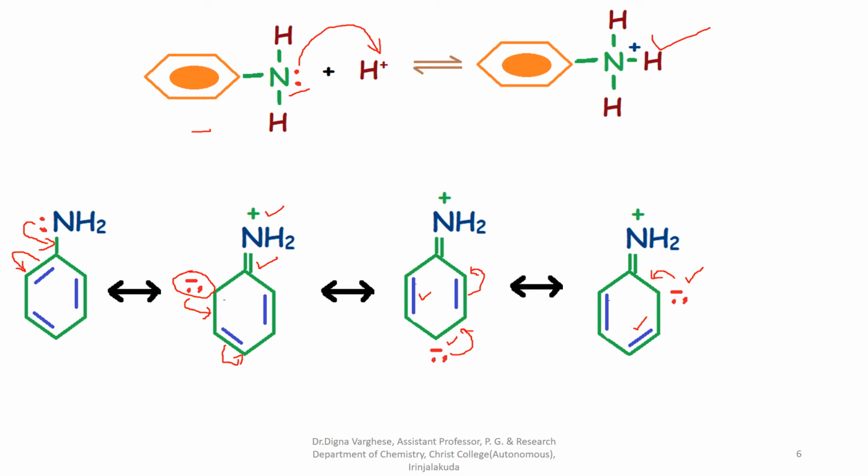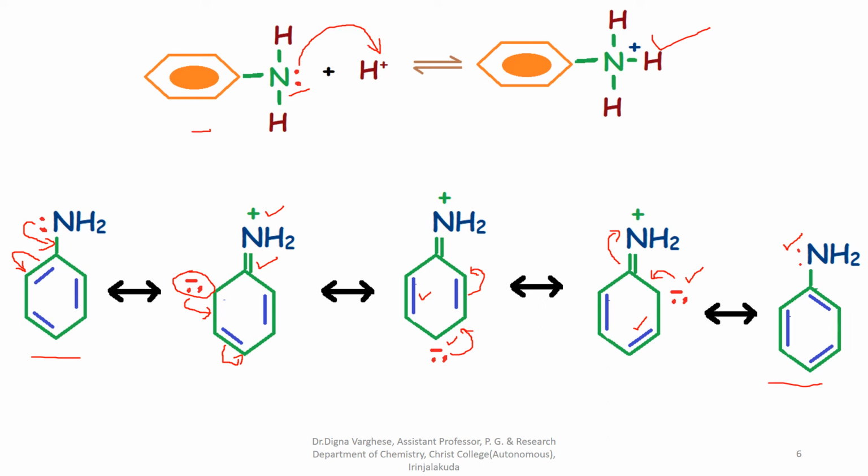Again, the electrons delocalize, forming the next resonance hybrid, and you can see electrons on the nitrogen atom, and the bond is shifted to the next, giving the resonance structures from this to this by the plus R or plus M effect of the ring.